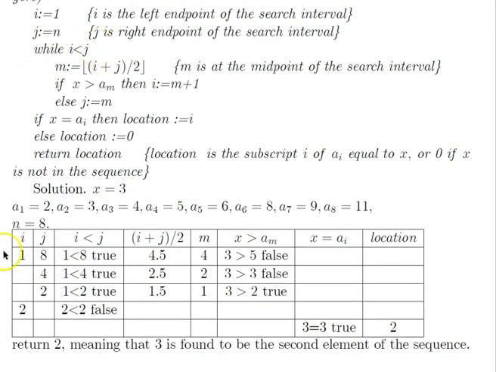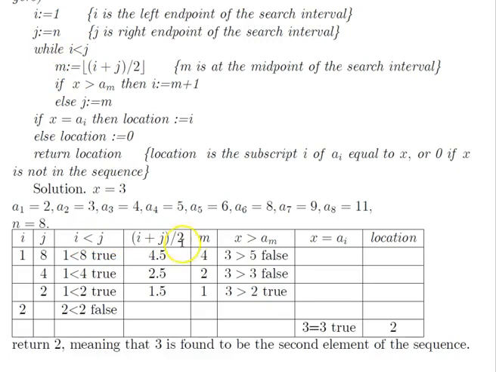So we'll form this table to trace the algorithm for this input. A column for i, j are variables that appear in the procedure. i less than j is a condition here, so we'll write a column for that.